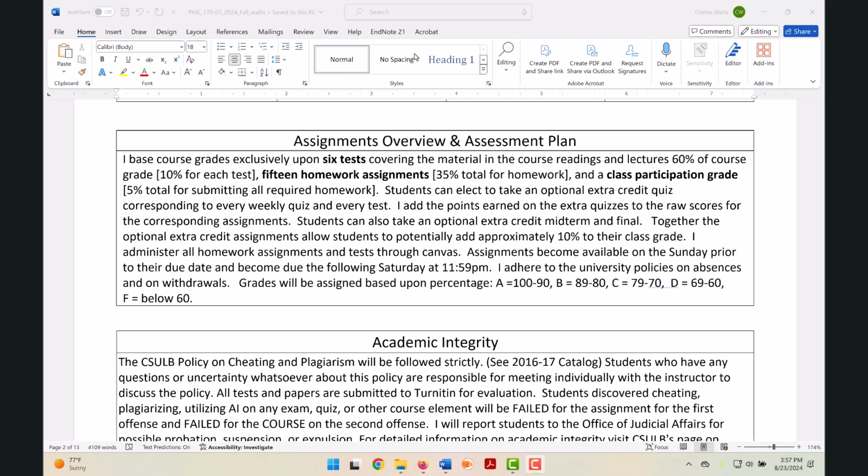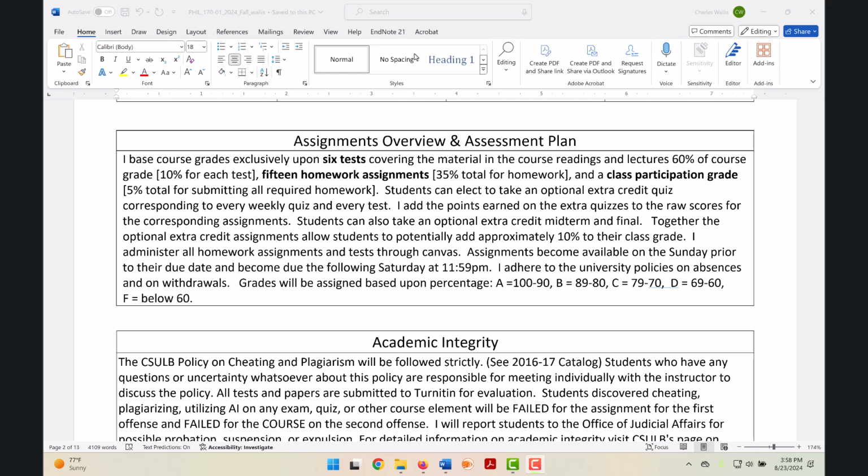Assignments become available on the Sunday prior to their due date, and they become due on the following Saturday by 11:59 p.m. I adhere to the university policy on absences and withdrawals, and I assign grades based on a straight percentage grading scheme. 100 to 90 gets an A, 89 to 80 gets a B, 79 to 70 gets a C, 69 to 60 a D, and below 60 gets an F.